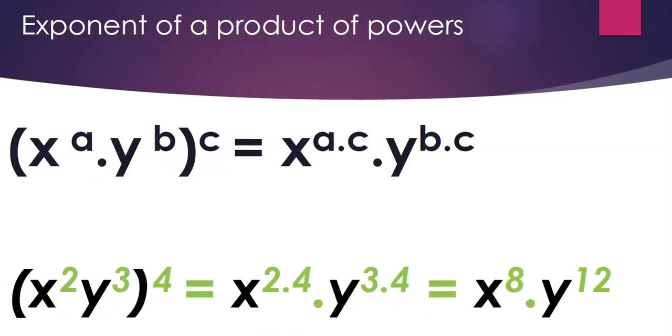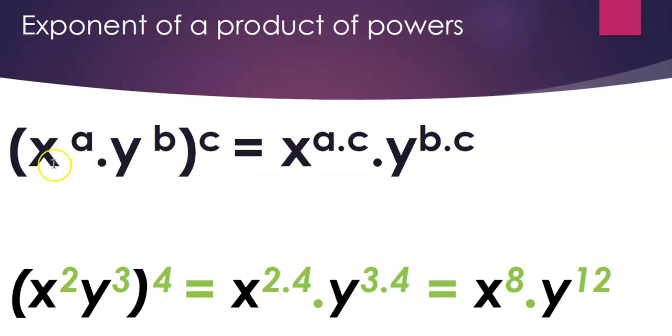Alright, and last but not the least, which seems a little complicated, but it's not. Let's drill down, right? When you have an exponent of a product of powers, this is a product of two powers, x raised to the power a times y raised to the power b, and the whole thing is raised to the power c, which is nothing but a combination of some of the rules you've seen before in this video.